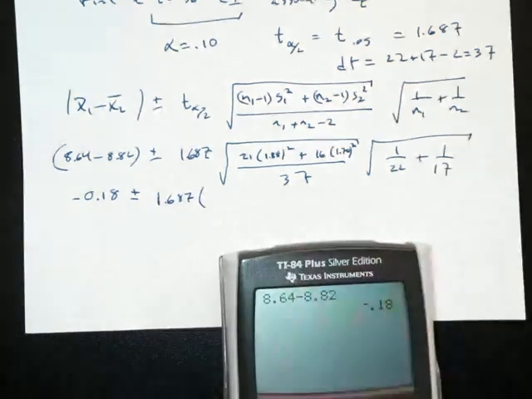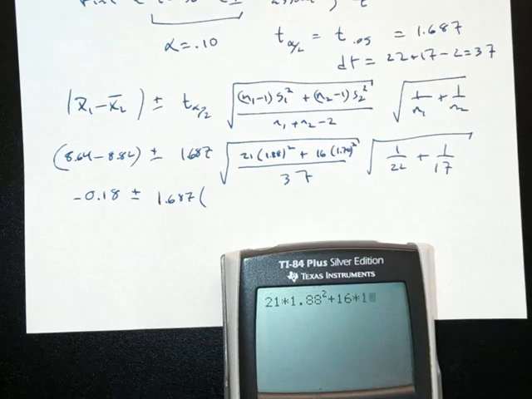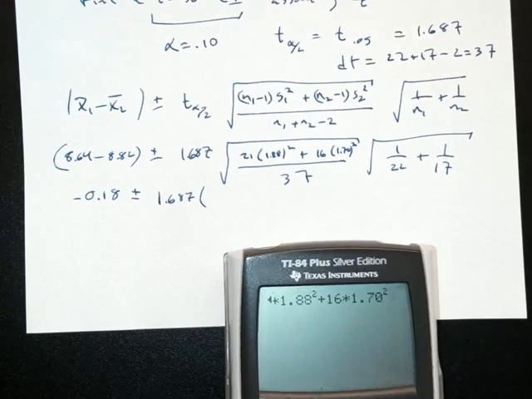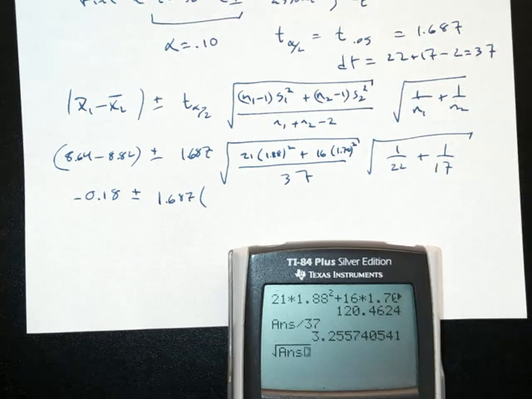So, the first square root, 21 times 1.88 squared plus 16 times 1.70 squared divided by 37. I've got to take the square root of that number.